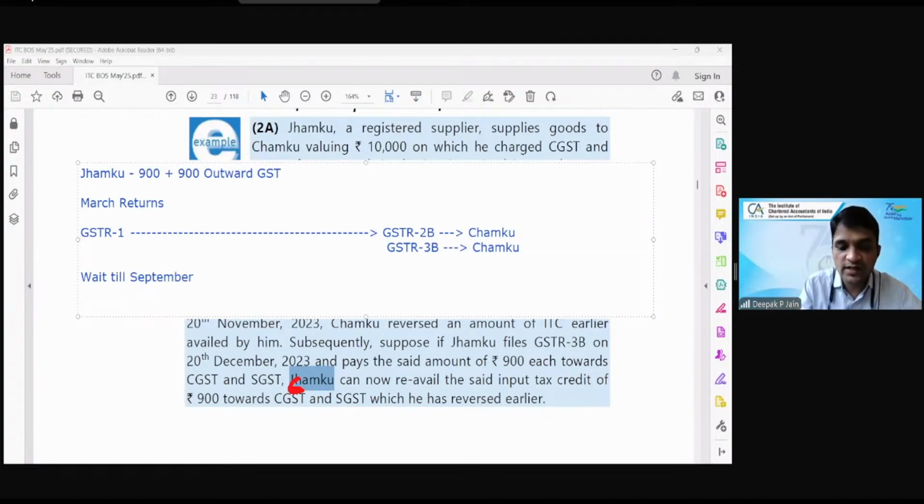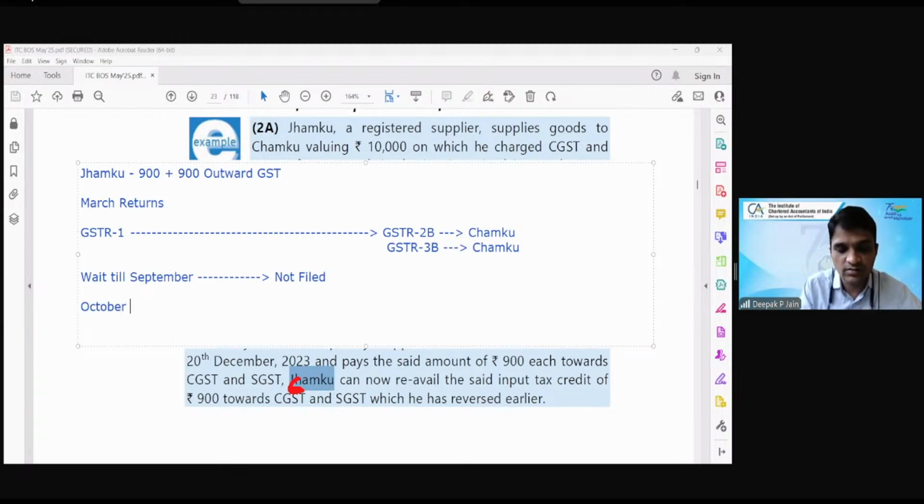Is it filed till September? Not filed. Jampu has not filed the returns. Okay. So what he should do in the October's return? October returns. What is the due date for October return? 20th of November. He has to reverse the ITC.